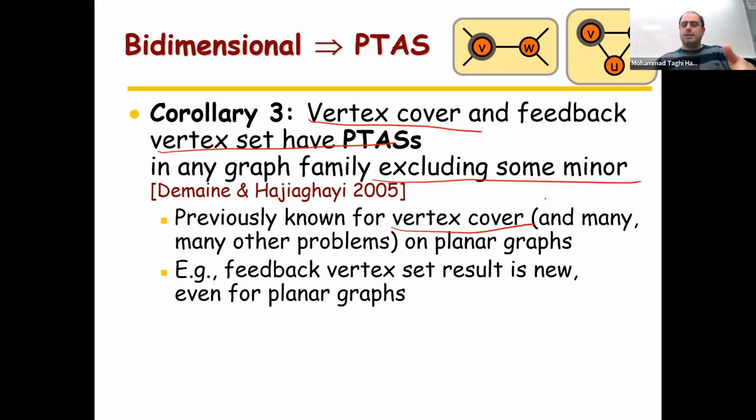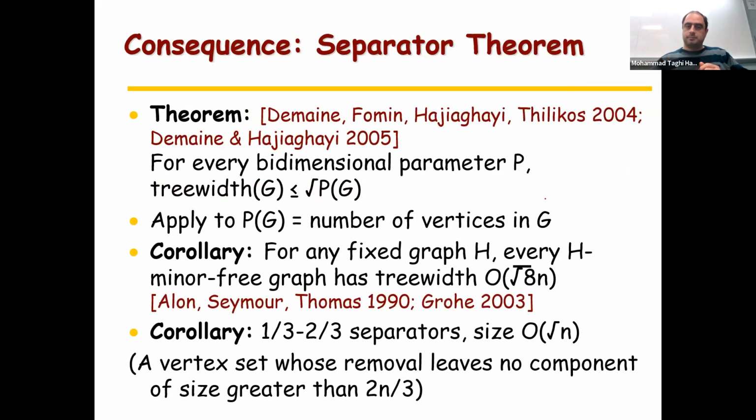You can also get this for dominating set and lots of other problems. Essentially, for any problem which is minor or contraction bidimensional, if we have these conditions, then we can get a PTAS. These conditions are a detailed version of the requirements that we need, but it happens for lots of problems.